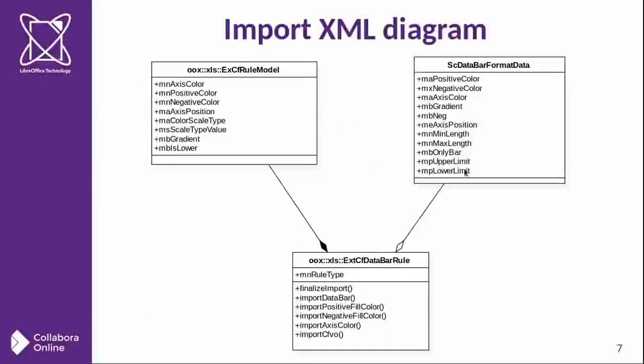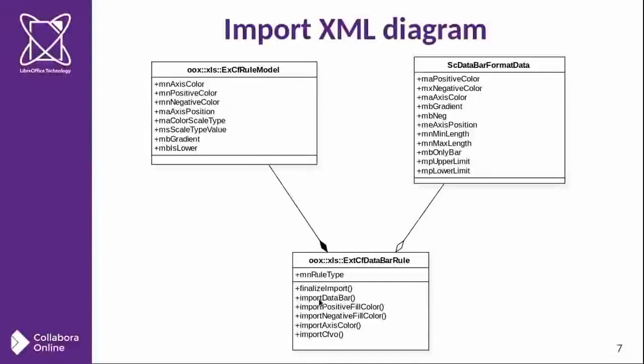Finally, we will analyze this class. As you can see in the relationship, this class has two composition classes, and one is the model and the other the format data. You can see that the attributes from these two classes are very similar, and that there is duplicate data. This is one of the first issues I have found.